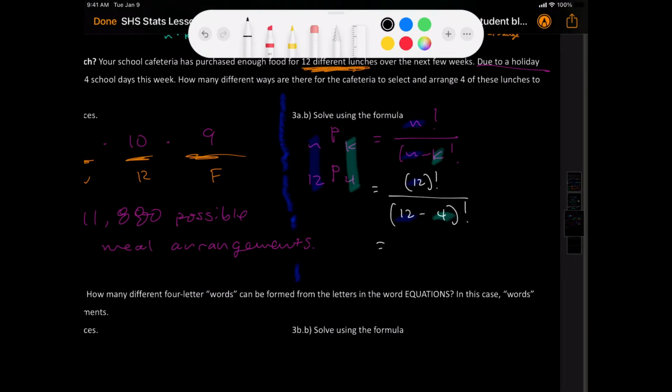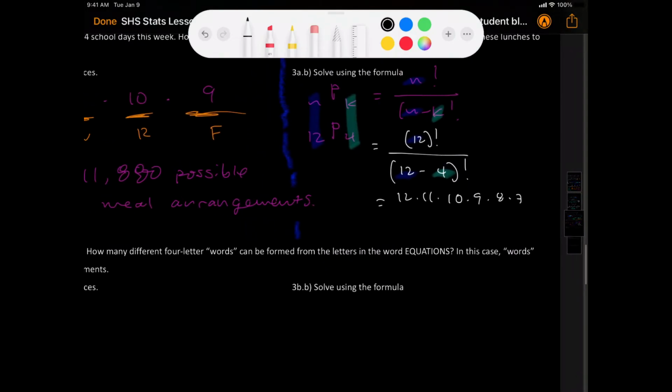Alright, so what's going to happen is you will get 12 times 11 times 10 times 9 times 8 times 7, I ran out of space, 6, 5, 4, 3, 2, 1. Sorry. And that's 12 factorial. And over here you have 12 minus 4, then the factorial, so that's 8 factorial.